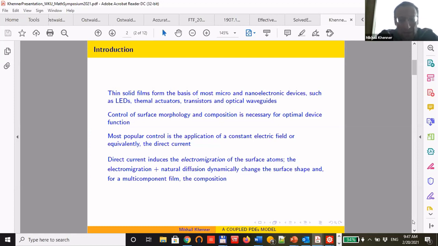The electromigration and natural diffusion on the surface in the high temperature environment dynamically change the surface shape, and for a multi-component film, as is our interest, it also dynamically changes the surface composition. So it is our interest to describe the coupling of these two effects mathematically and see what effect the morphology change has on composition and vice versa.